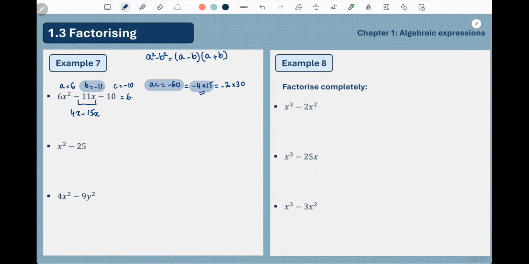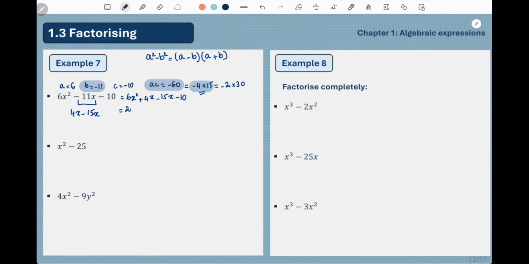So I'm gonna rewrite this as 6x squared plus 4x minus 15x minus 10, and then we're gonna factorize by the common factor here between 6 and 4.